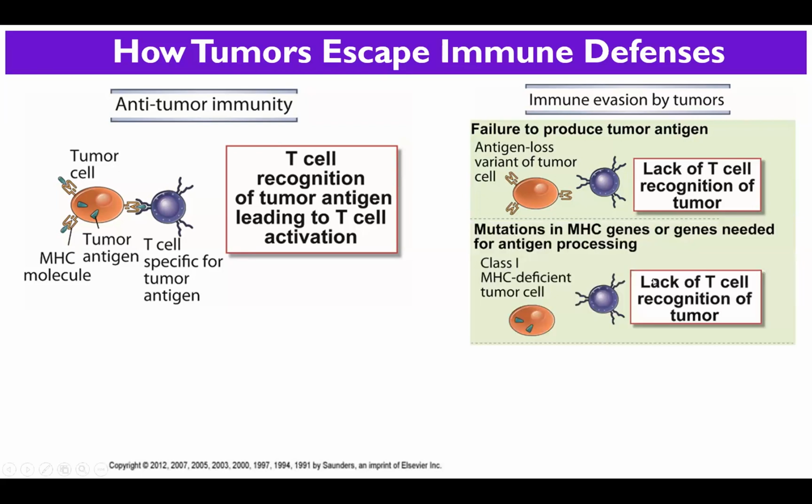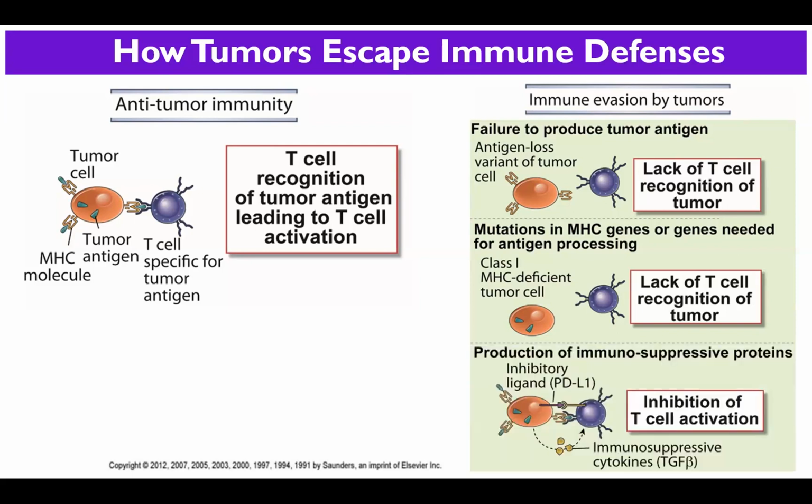So that is one mechanism, failure to produce tumor antigen. The second one is that you can have a tumor cell that arises because of changes within MHC molecules, which means the cancer cell could be producing as many tumor-specific antigens, but since it is not expressing MHC molecules, there is no display of the antigen on the cell surface for recognition by the T cells.